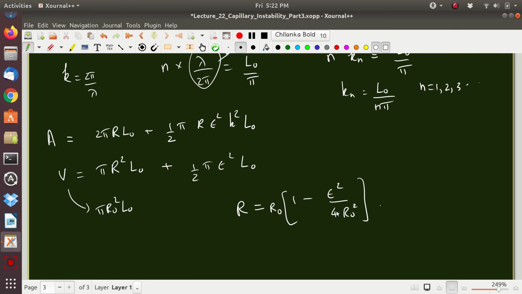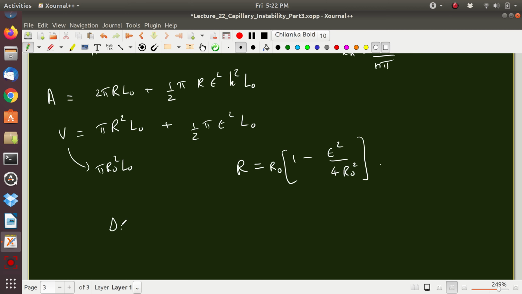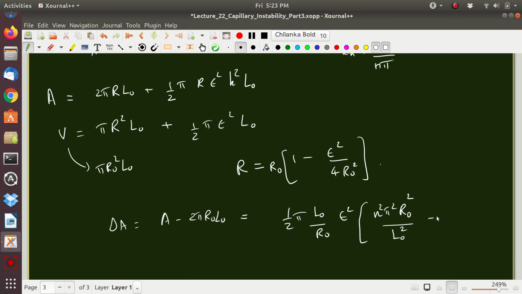Now the change in area is nothing but the area minus 2 pi r0 L0, which is half pi L0 by r0 epsilon squared times n squared pi squared r0 squared, minus 1.